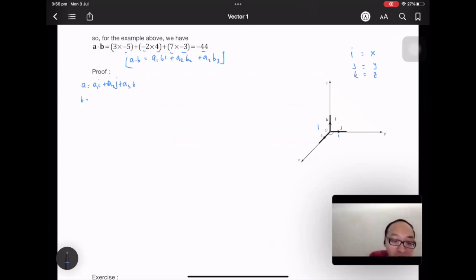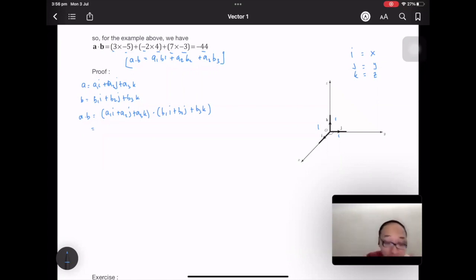B is B1i plus B2j plus B3k. A dot B is (A1i plus A2j plus A3k) dot (B1i plus B2j plus B3k).